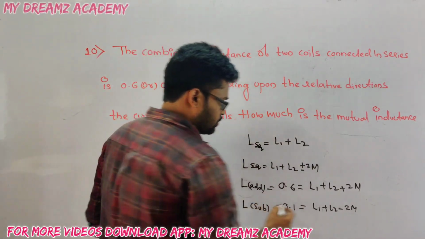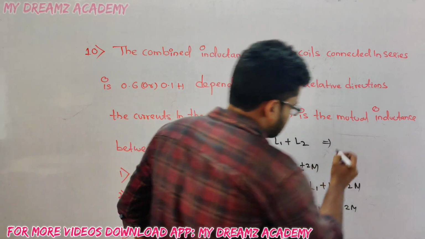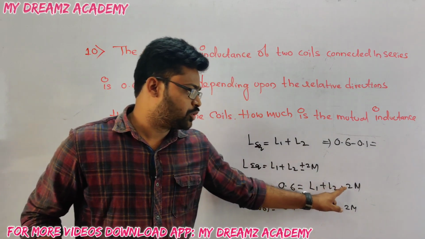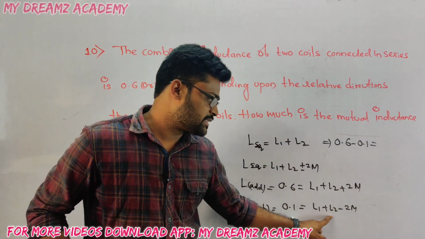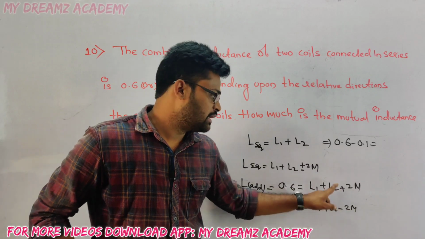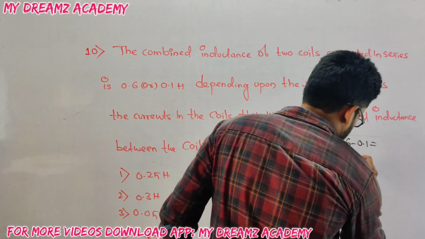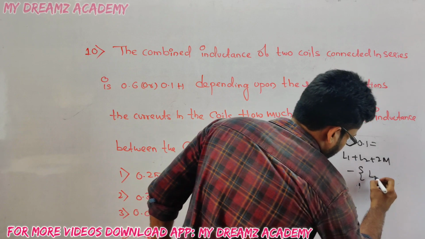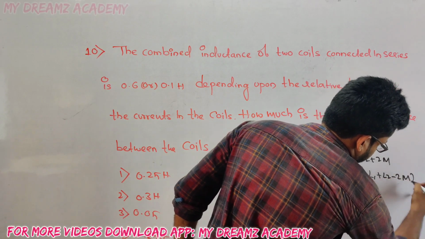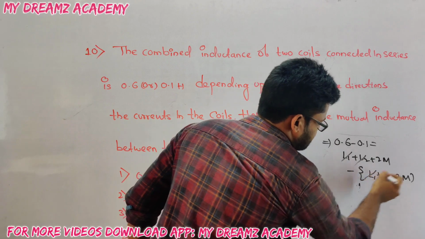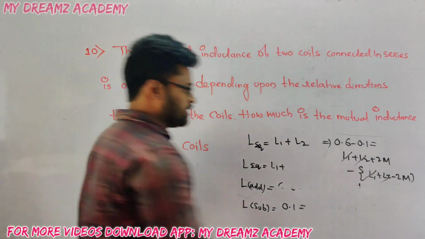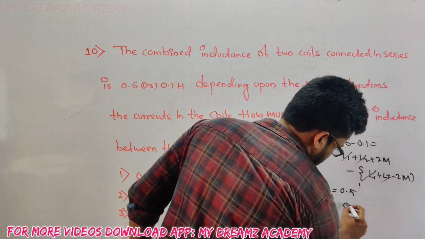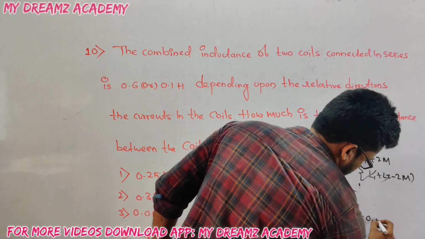So 0.6 minus 0.1 is equal to L1 plus L2 plus 2M minus L1 plus L2 minus 2M. L1 and L2 get cancelled. 2M minus of minus 2M gives 4M. 4M is equal to 0.5. M is equal to 0.5 divided by 4, it will give 0.125.